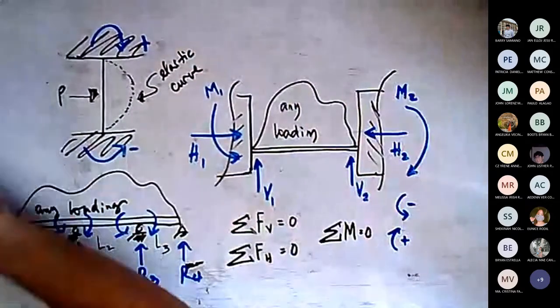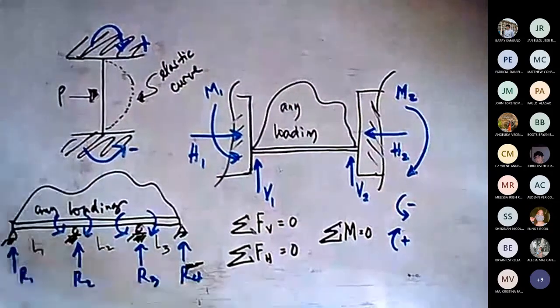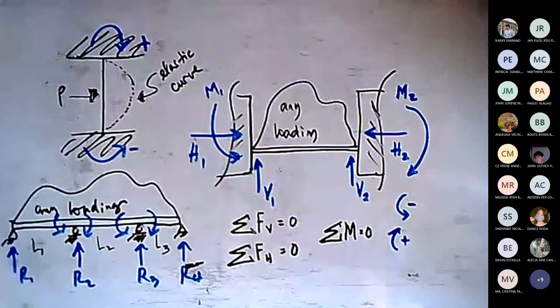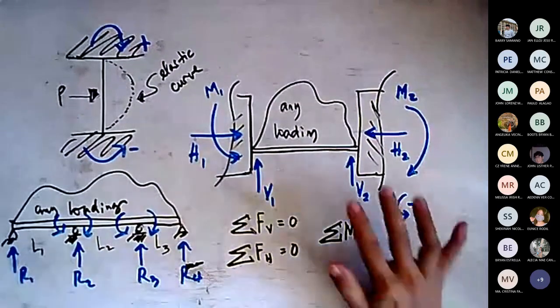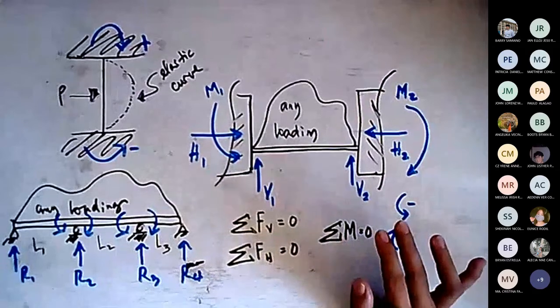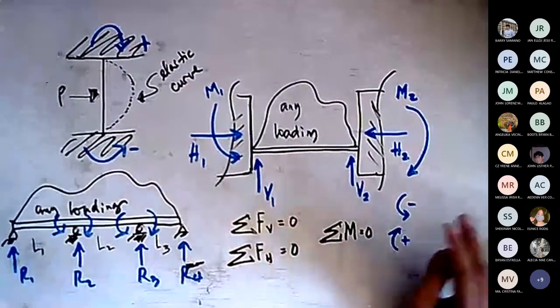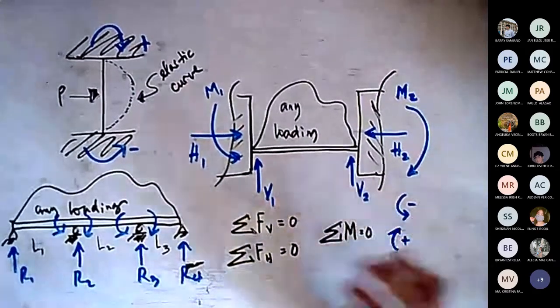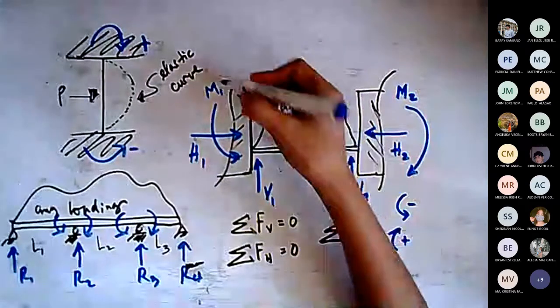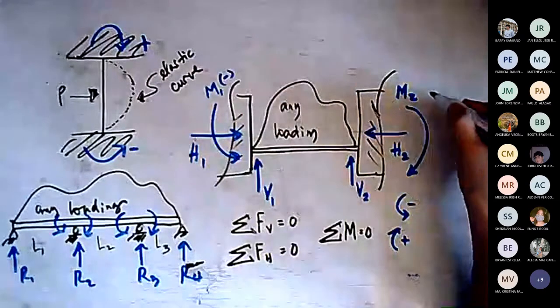So if you are going to take a look at that, that's how we use the moment distribution method. So clockwise positive, counterclockwise negative. So that means this is a negative moment while this one is a positive moment.